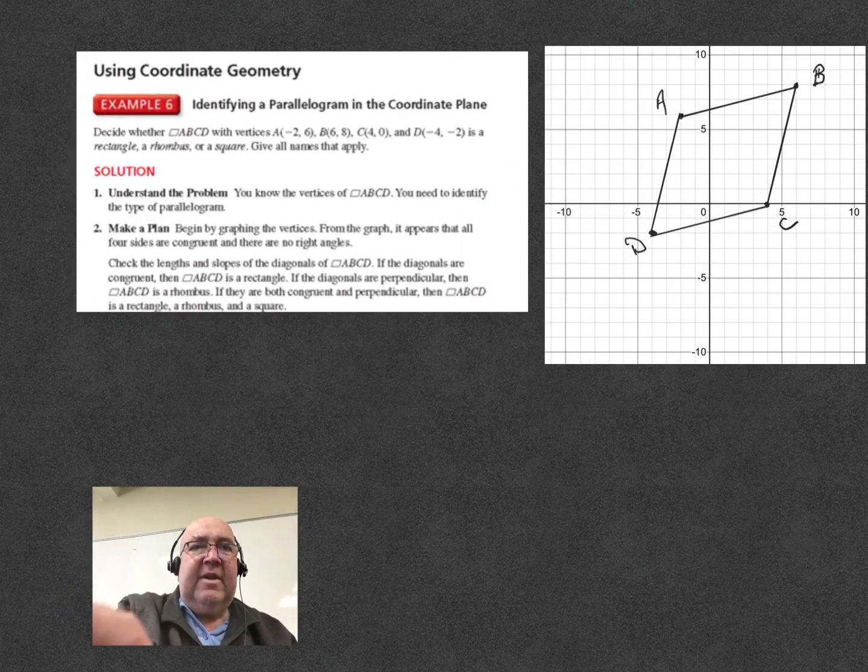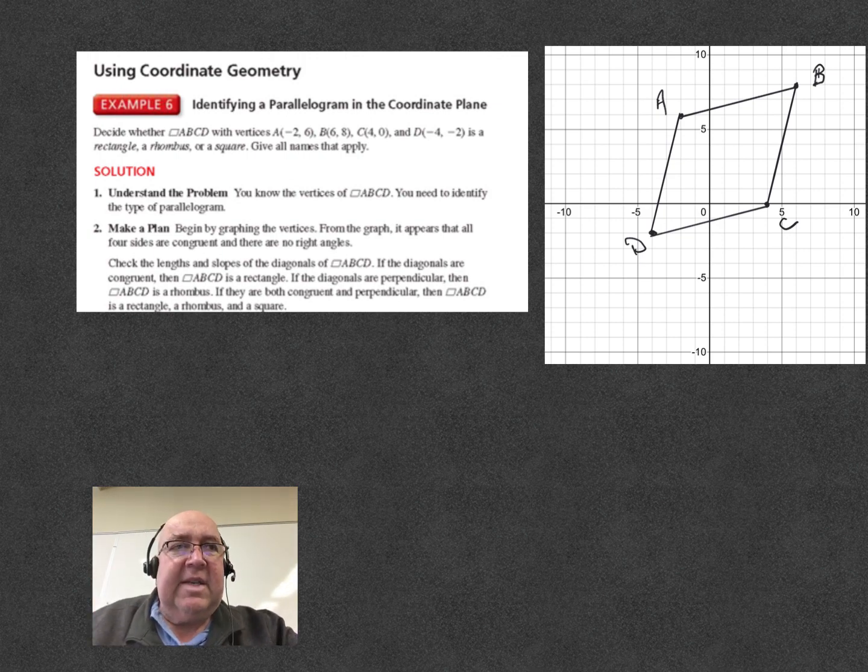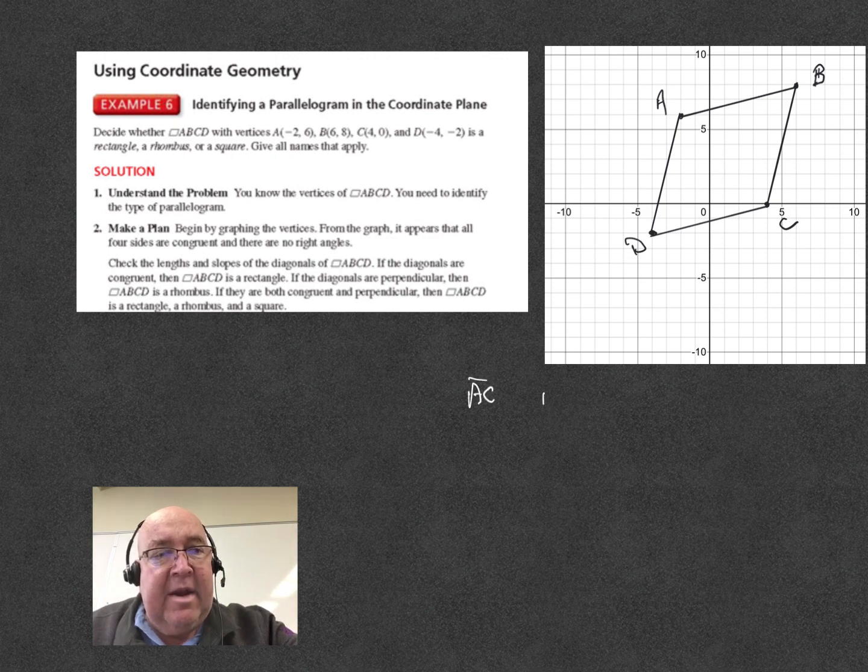Lastly, we have a parallelogram. We need to see if it's going to be a rectangle or a rhombus. So the first thing we need to do is find the measure of AC. So we're going to use the distance formula.